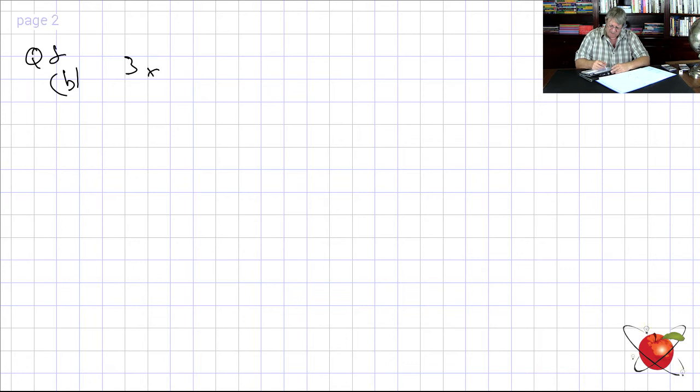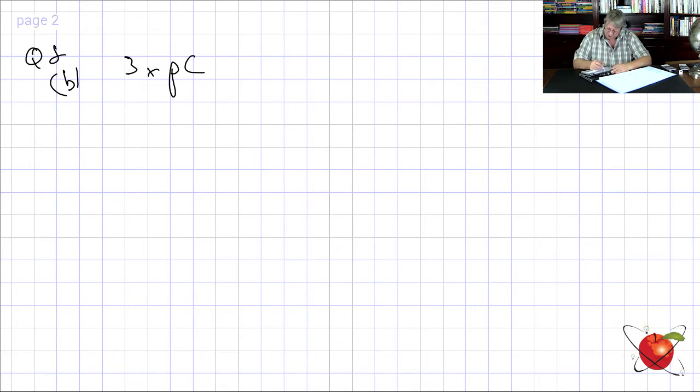Next page. Question 8b. A charge of 3 picocoulombs. That's a new one, isn't it? How many electrons have passed through?